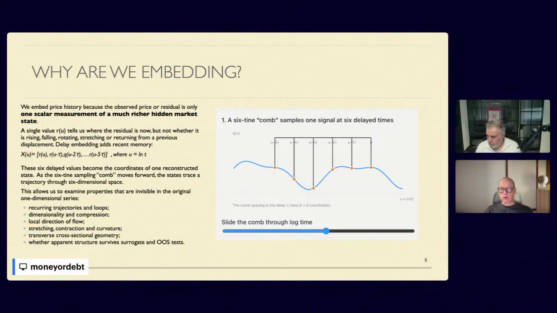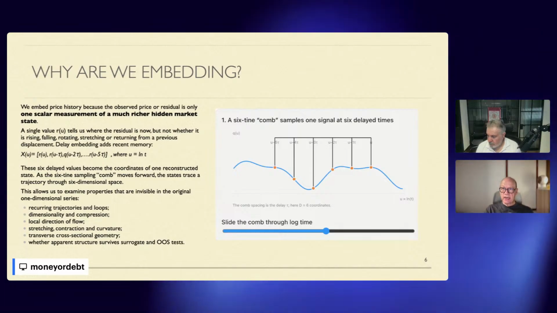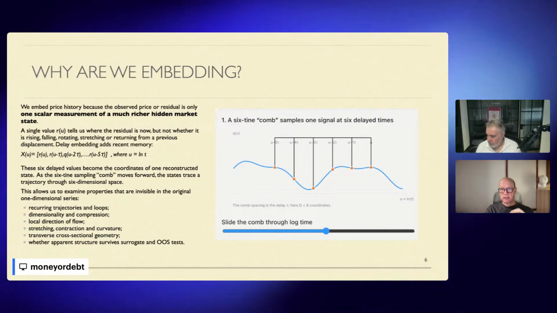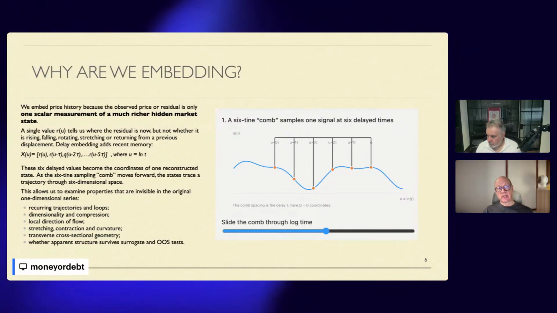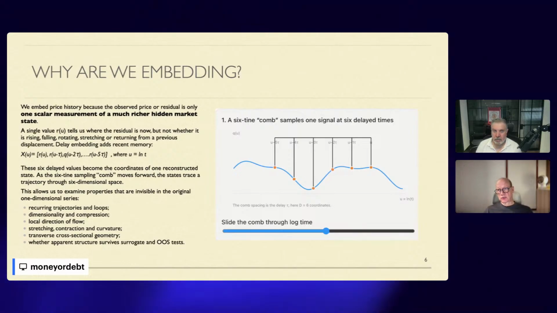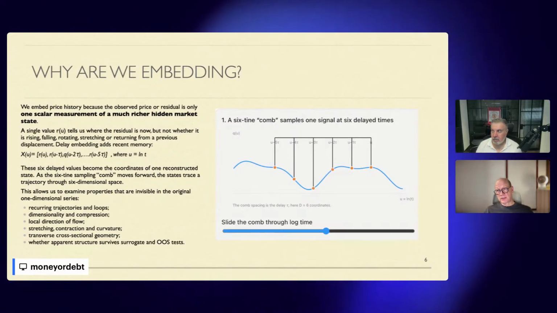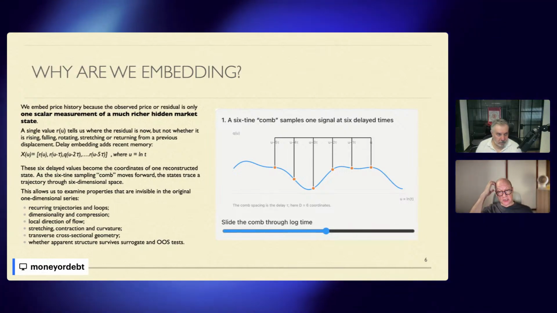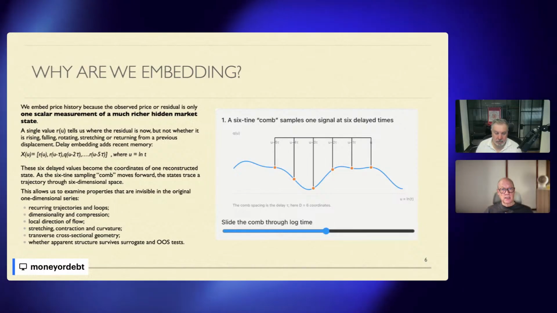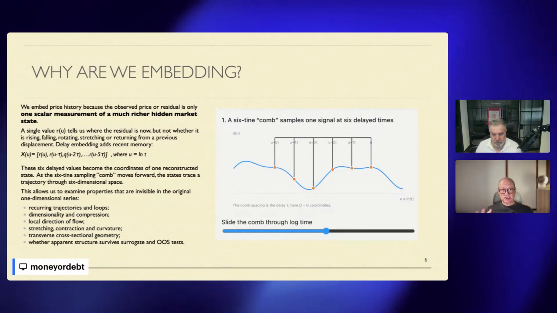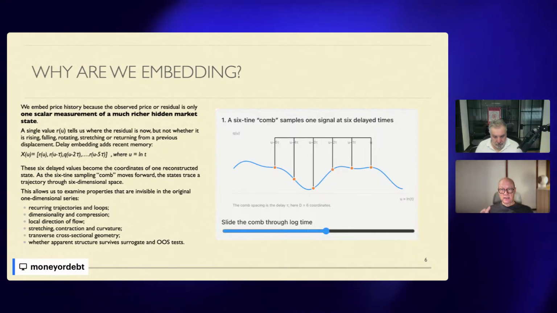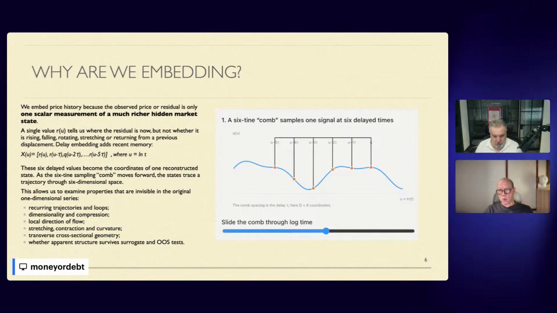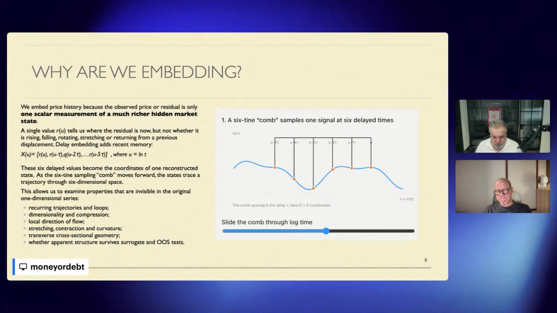So we look backward by 1 times the time delay, 2 times the delay, 3 times, 4 times, and 5 times, if we're working in a 6-dimensional space. If you were working in a 4-dimensional space, you'd cut off 2 of those times, and you could make the same sort of exploration and see how it compares. Once you have these 6 delayed values, you've created a state space, and you step the comb forward 1 unit of log time.